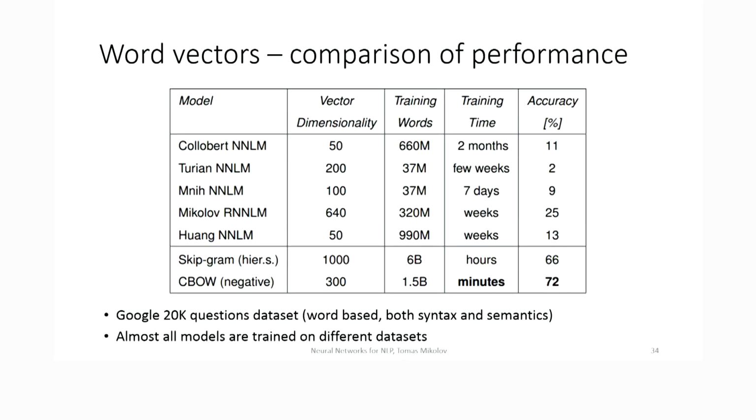This is the comparison that I was talking about. I said there were a lot of these word vectors that were published together with usually some analysis on some supervised tasks where people did take these pre-trained feature vectors and use them for supervised tasks like named entity recognition.